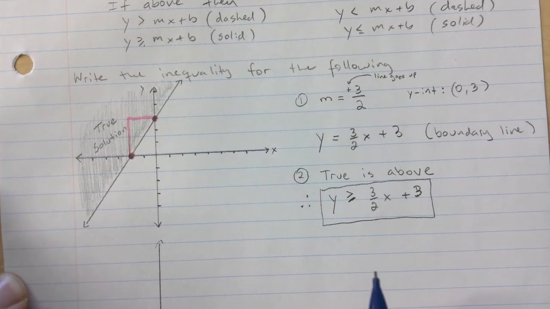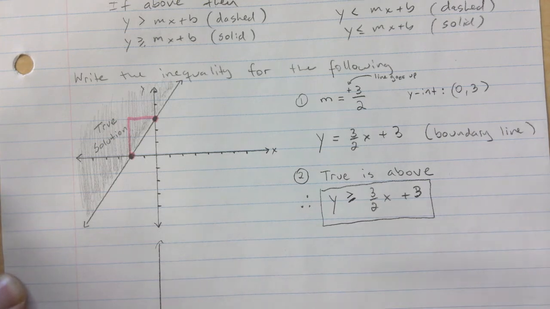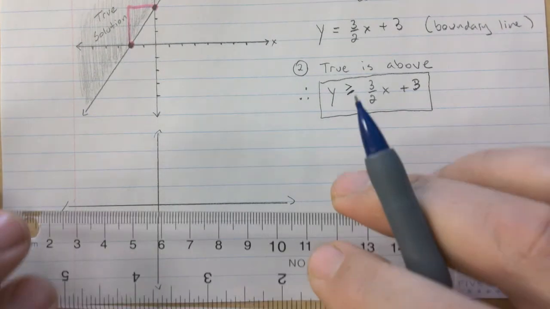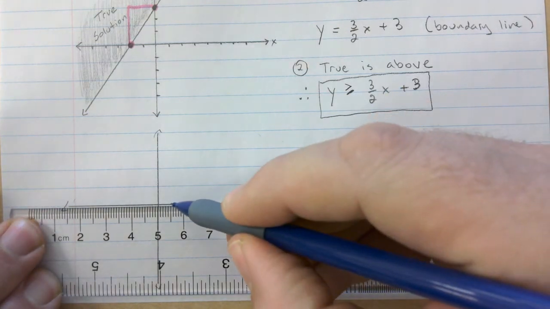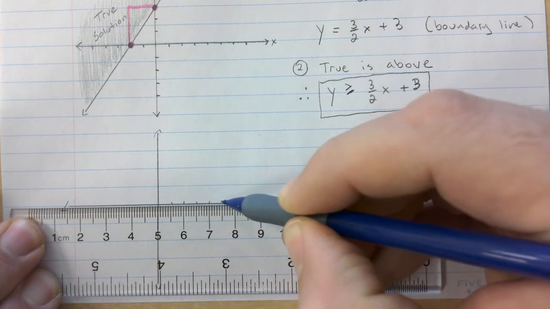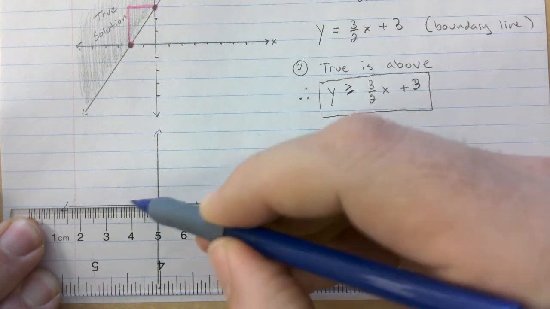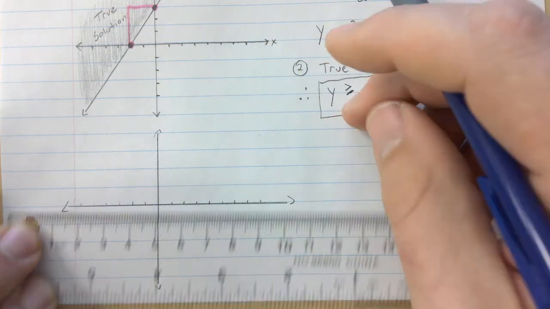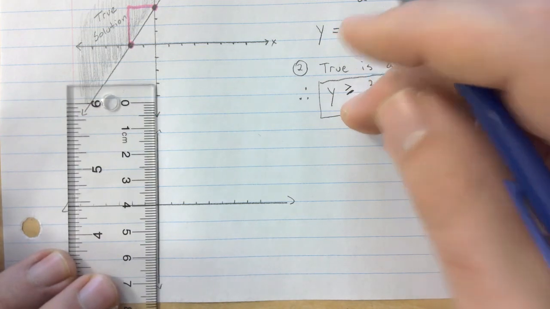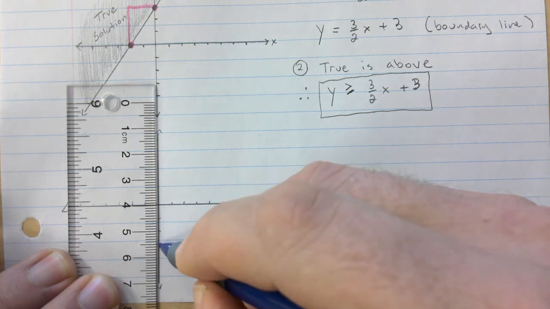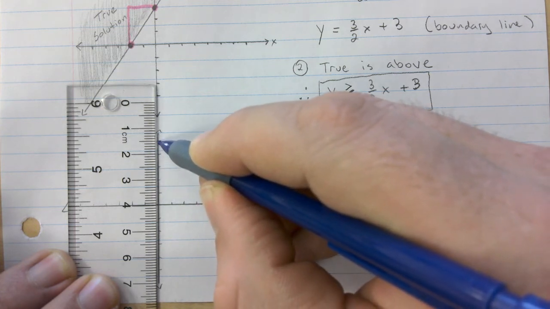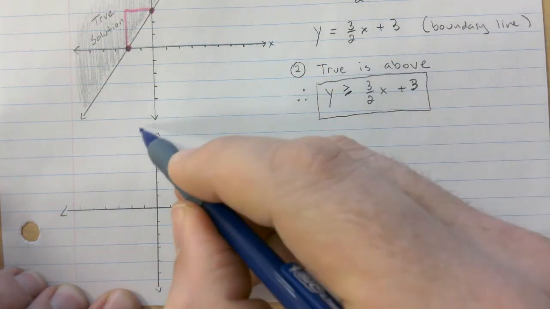So make an x and y axis with those markings, and I will use my ruler to help me make those. And it's assumed that every square is a scale of 1 in every direction.